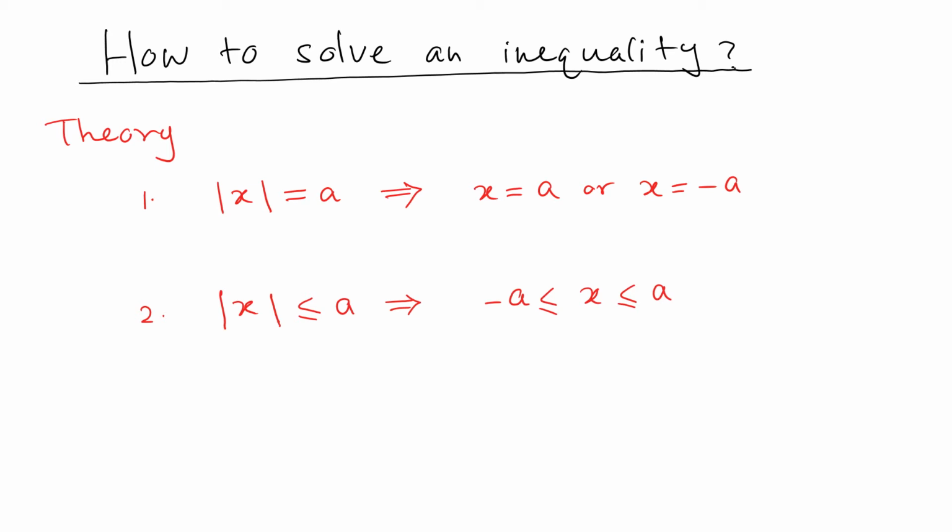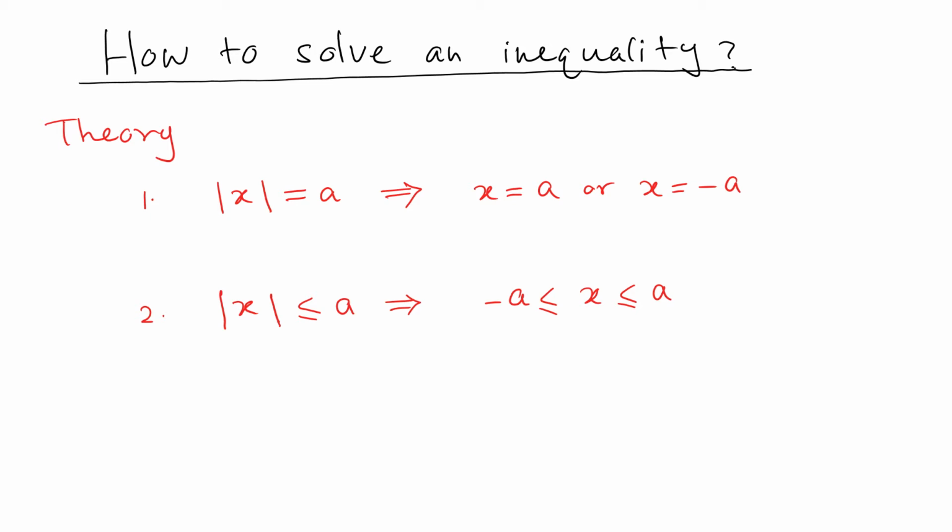The next one, absolute value of x less than or equal to a, means the distance from the origin to x has to be smaller than or equal to a. How can that happen? It happens if you pick a value in between negative a and a, and you can see that the distance from the origin is less than or equal to a.